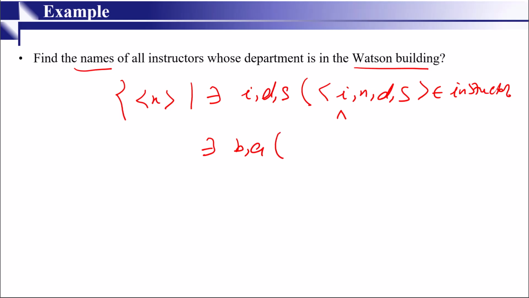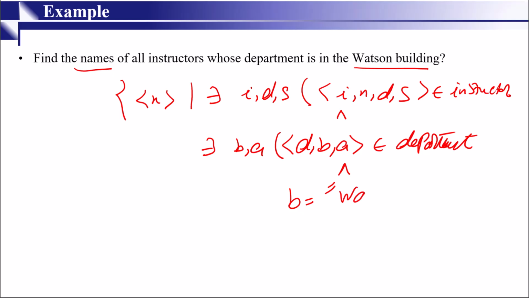So we use A for budget. Then department building and budget in department, and building is equal to Watson, right? In this way, we write it.